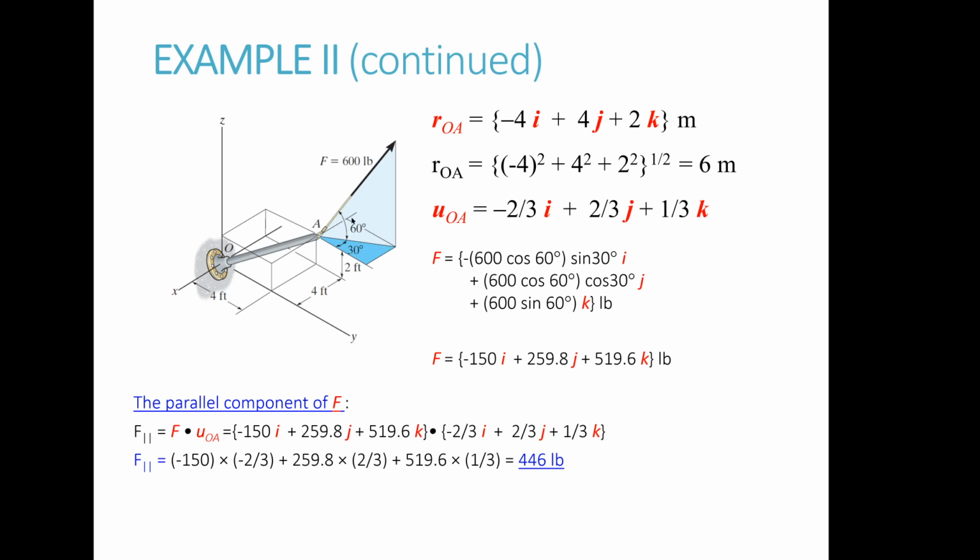You're kind of making a 2-dimensional problem with the 60-degree angle. You could do it in 2 steps if that's easier, coming up with this F prime, if you want to call it. All it is saying is that we're taking this vector and breaking it up into the z component, which is this, and its component here.